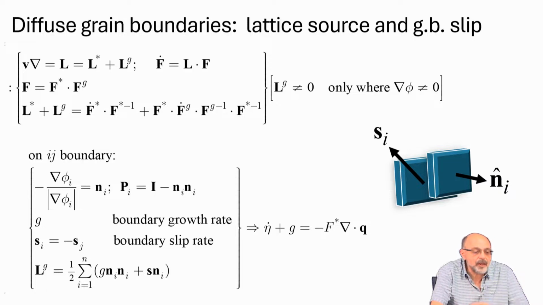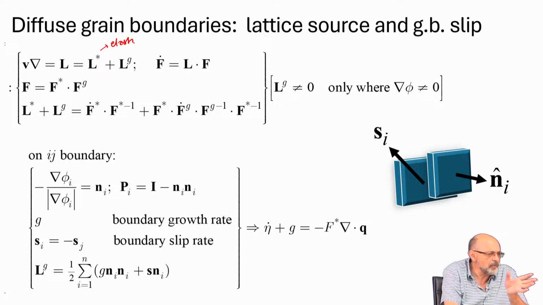My velocity gradient will consist of, this is elastic, and let's not deal with plasticity. So no dislocations, no dislocation climb, no dislocation glide. So just crystal, diffusion, elastic deformation, and the growth of crystal.